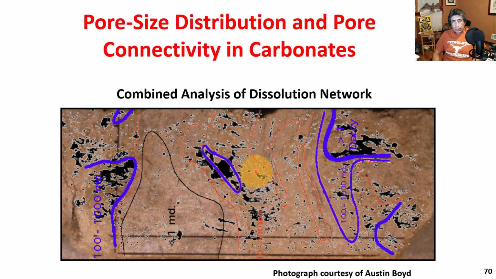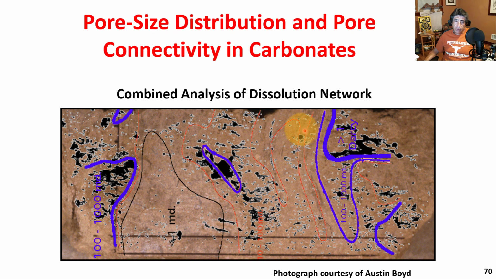And here's another enhanced scale of the same rock. What I want to point out is that there are some regions on this thin section, the ones that are bordered with the blue, purple one, that are essentially covering 100 or even 1000 micrometer size pores on average.